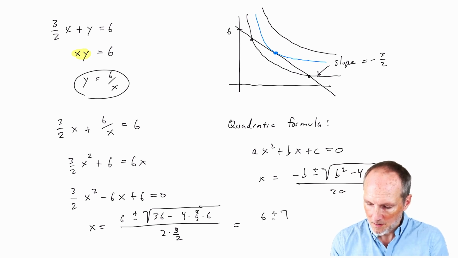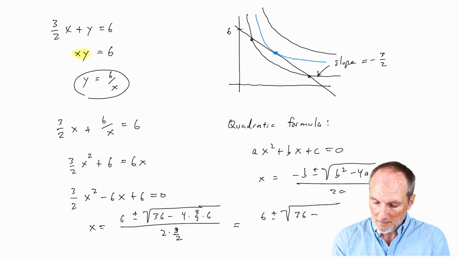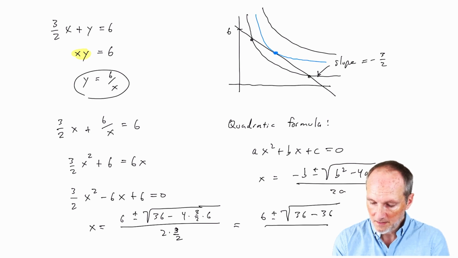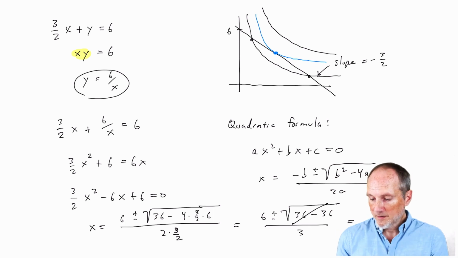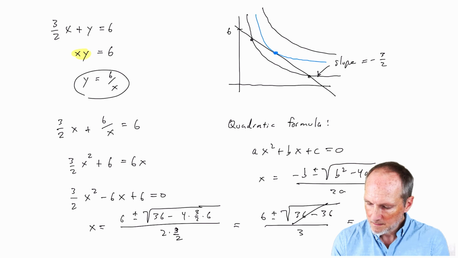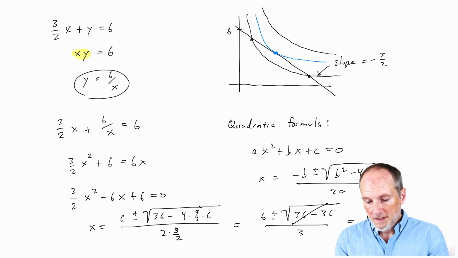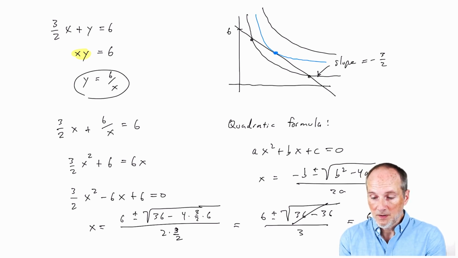So let's simplify that. In this square root, we have 36 minus, well, 4 times 3/2 is 6, times 6 is 36, and so that actually is going to go away, and 2 times 3/2 is 3. The square root of 0 is just 0, and so we end up getting 6 over 3, which is 2. So it turns out that for x to be part of a solution to these two equations, it has to be equal to 2.